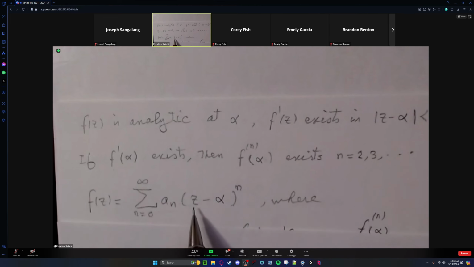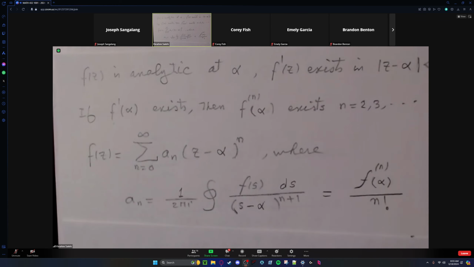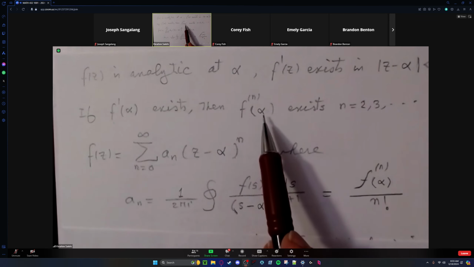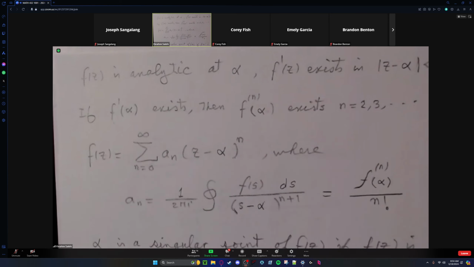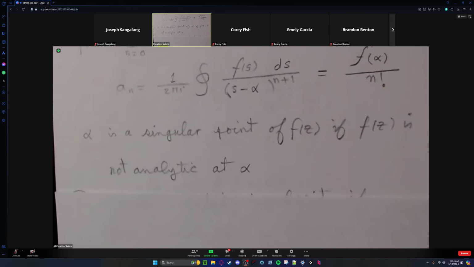It doesn't have any negative exponent of z minus alpha, right? And we know what the a_n are, right? But if the function at this alpha is not a good point, let's say a singular point, then instead of a Taylor series, we are going to have this Laurent series, all right?